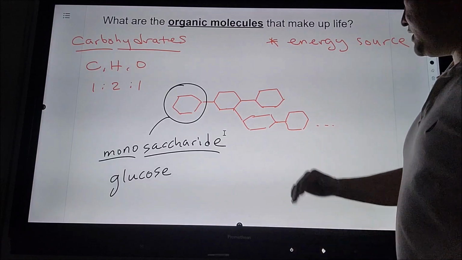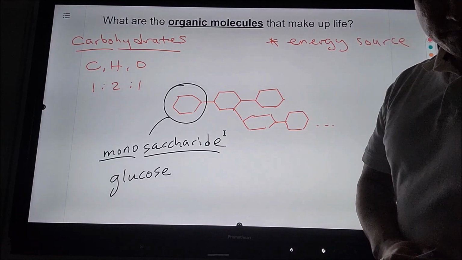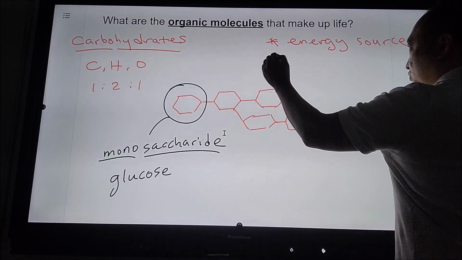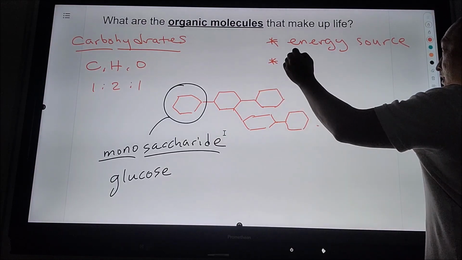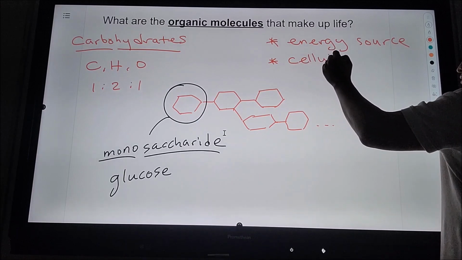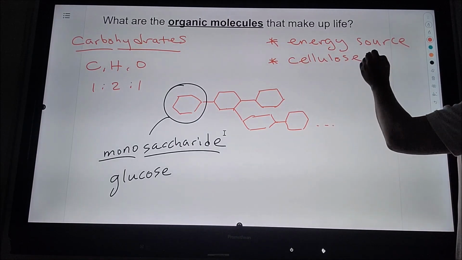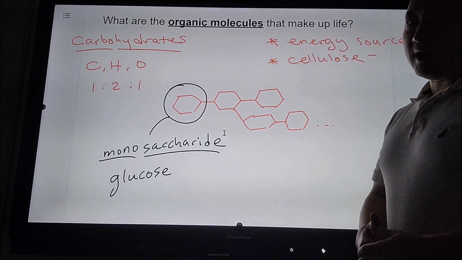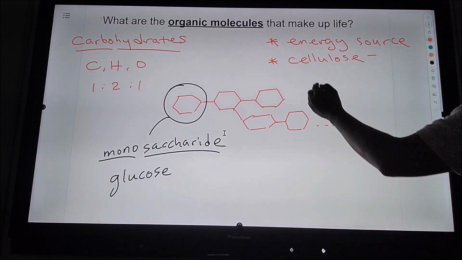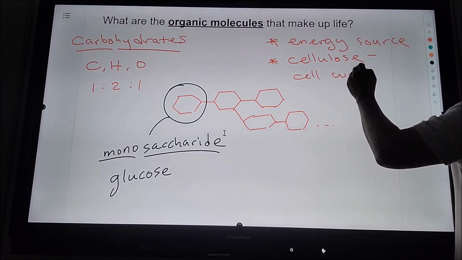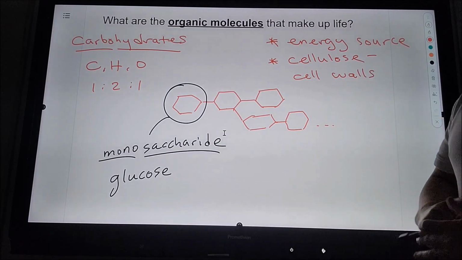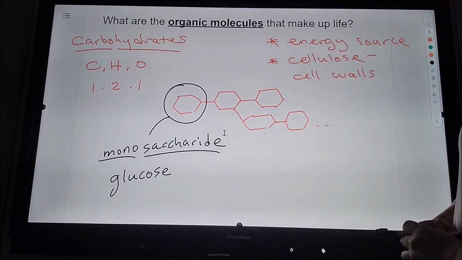These are all in our presentation, but they're sources of energy. There's one that I'm going to put up here that is not a source of energy, cellulose. It is a carbohydrate made by plants that is used in making their cell walls. So that's a common one you might want to add to your list.